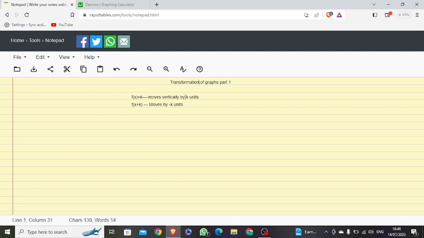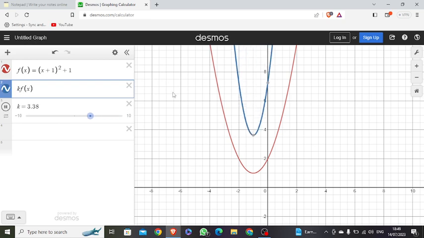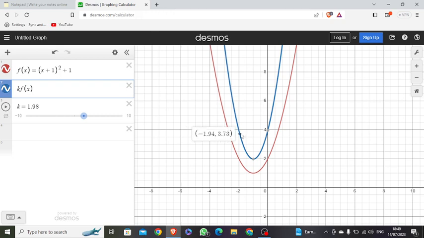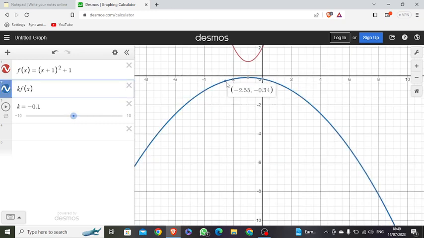Alright, now let's go on to something a bit different, and let's go to k f(x). For negative k, it also reflects down, so a maximum function becomes a minimum function.